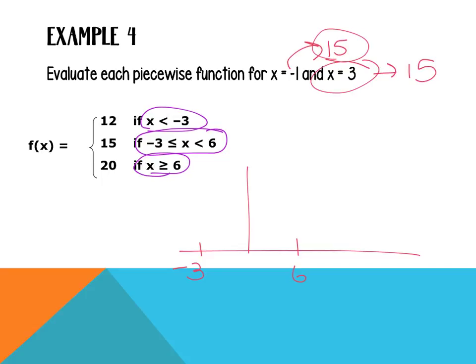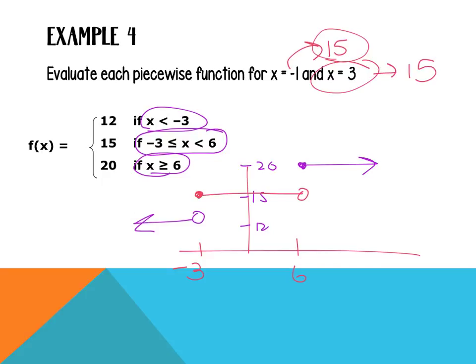These values would be at, let's say this is 12, 15, 20. These values would look like this. This value would be like this. And then this would be like this. So if my x is -1 or +3, it should make sense that the y value would be that 15.